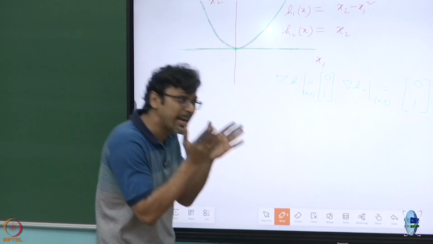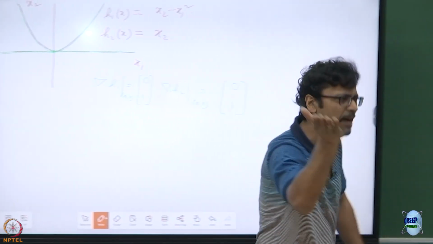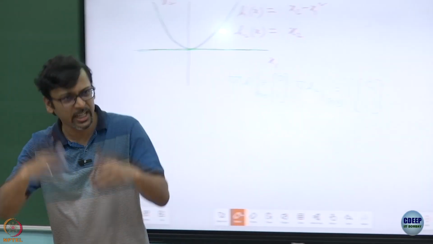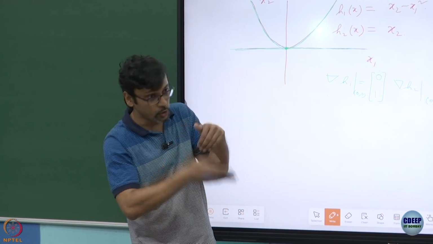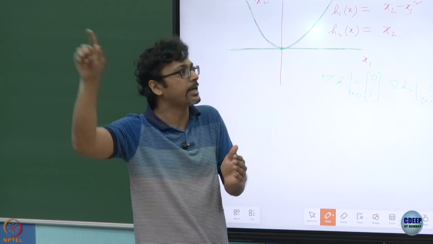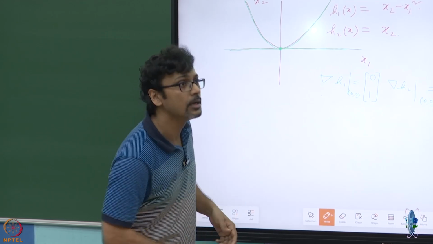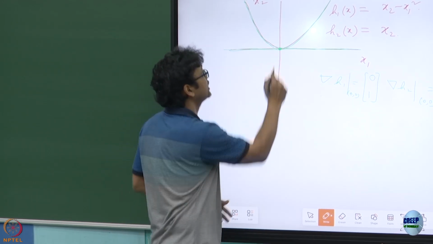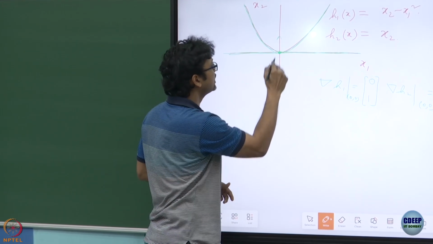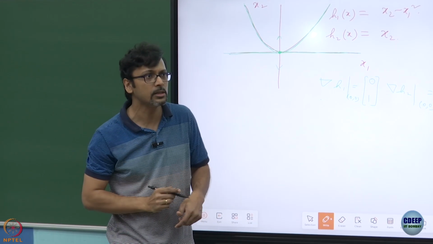Two constraints that are identical means you essentially have only one constraint. In R2, if you have one constraint, you are cutting down the dimension by 1, so you perceive as if you have a freedom along one particular direction. Which direction would that be? Perhaps the direction that's orthogonal to this. So in the local sense, you perceive this direction as a feasible direction of traversal.